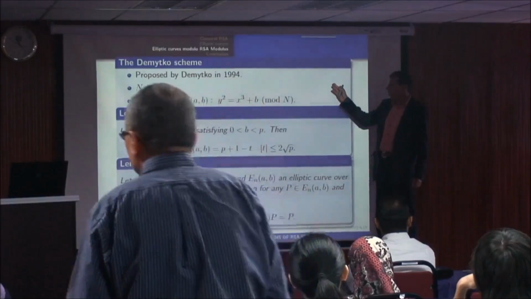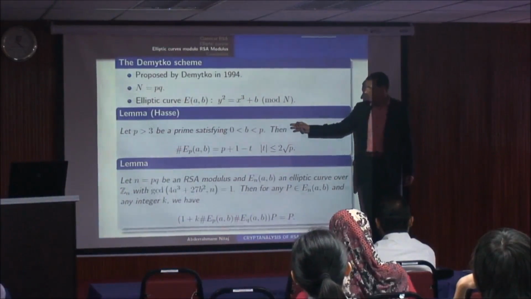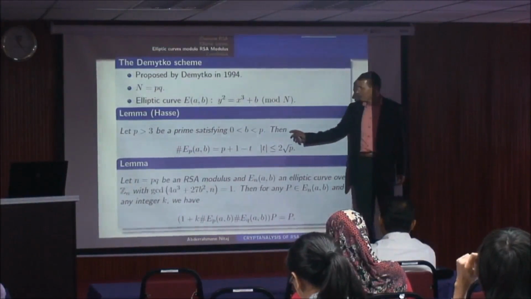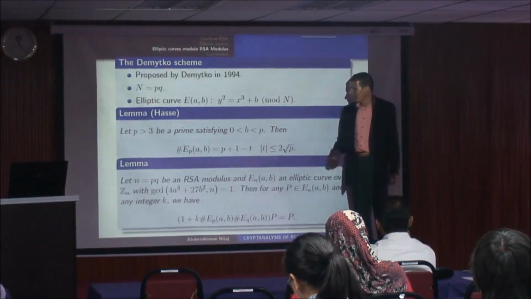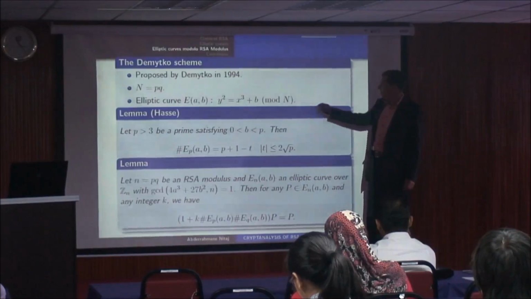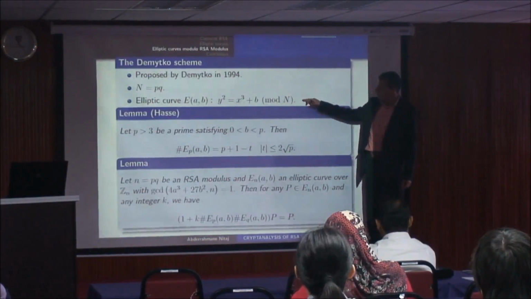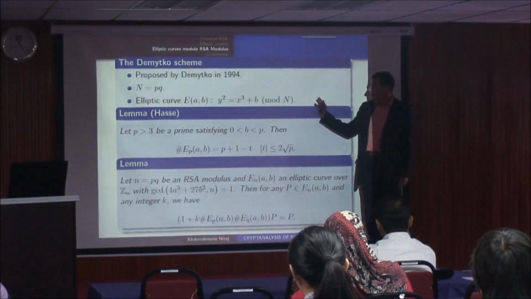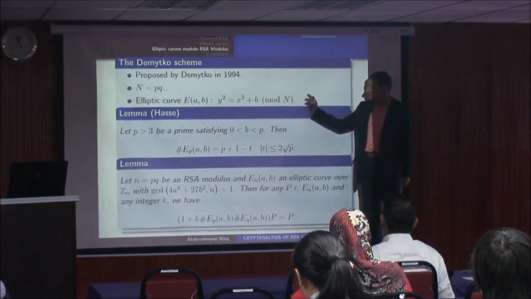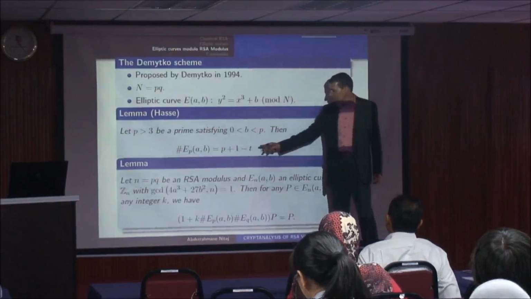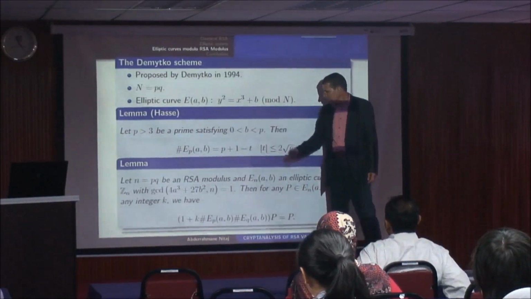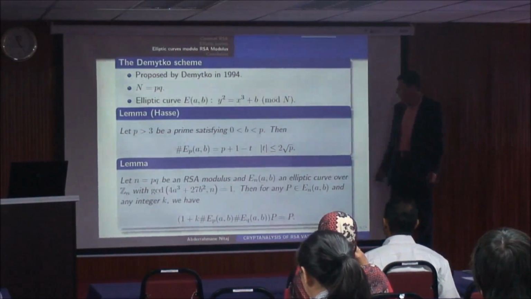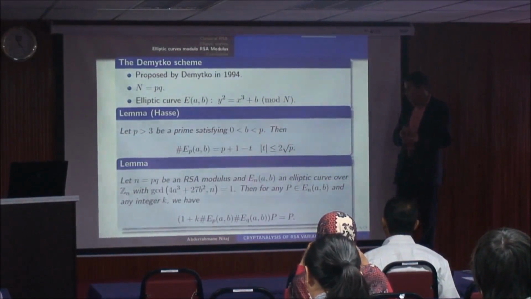In order to apply the Vitko scheme, we first need the Hasse lemma. Hasse's lemma says that when we have an elliptic curve given by this equation, then the number of solutions of this equation is of the form P plus 1 minus T, where T is bounded by 2 times the square root of P.